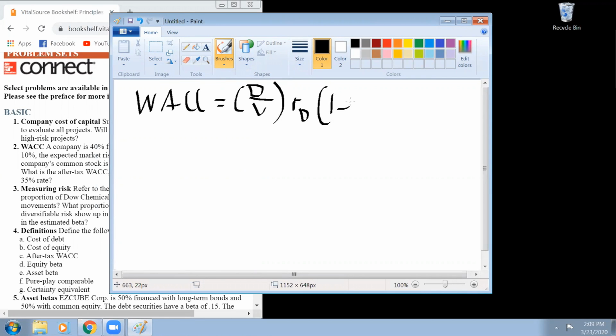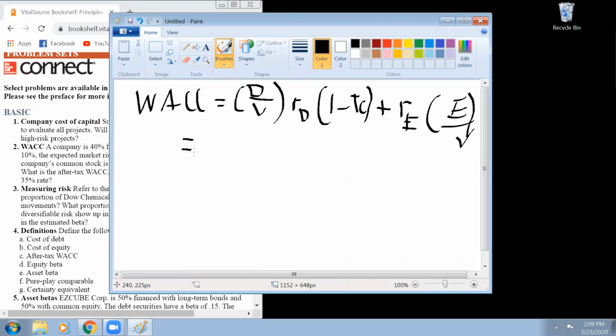However, for WACC, the debt in this case is tax deductible, so we multiply that again by 1 minus the tax rate, which in this case is 35%. And then we add on the cost of equity multiplied by the equity over value ratio.